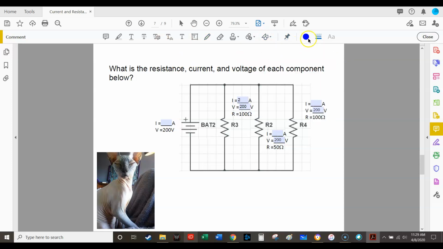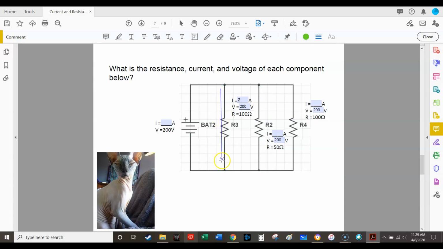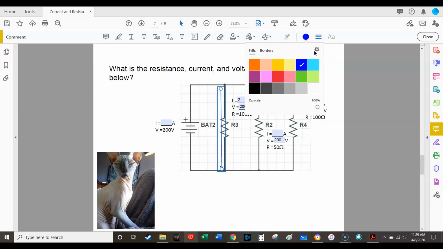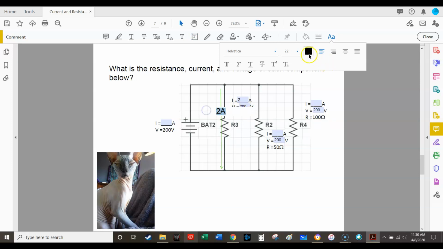Actually, I'm going to use green to draw R3 this time. So we know R3 is getting 2 amps.